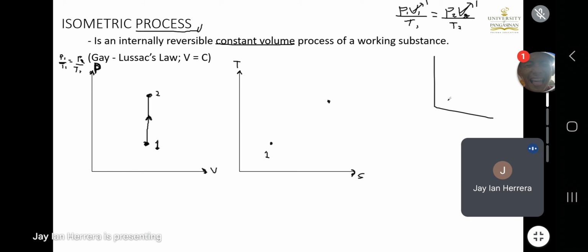Meron tayo dito kumbaga curve na gano'n. Ito yung common nating curve. Maalala nyo dito yung critical point, di ba? Kumbaga ito yung curve na yun, si TS natin. Laging curve line si TS under isometric and isobaric processes.